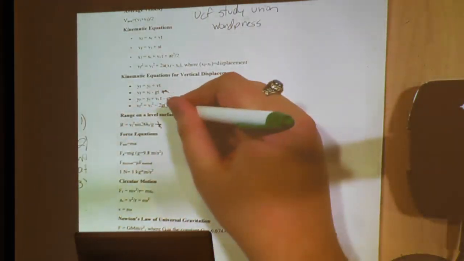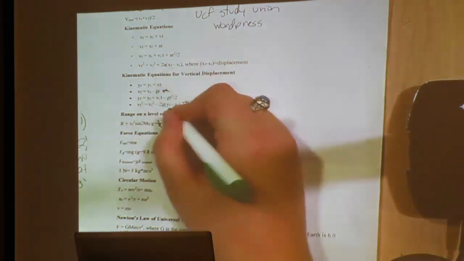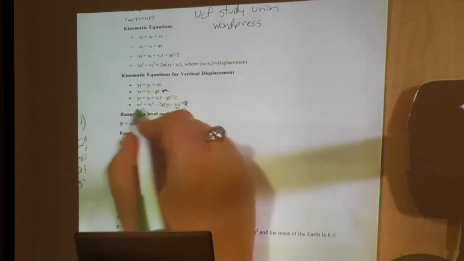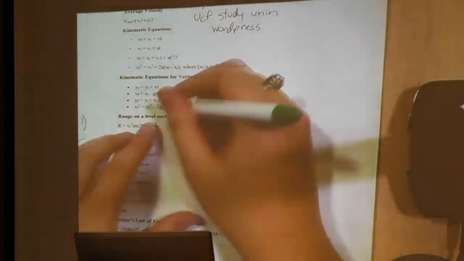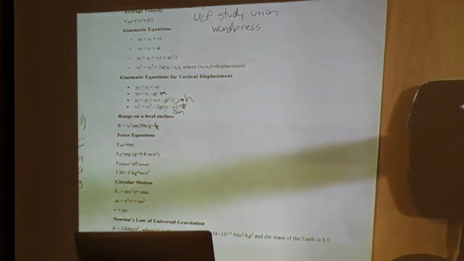So the initial position would be what? How many meters? 0. So this is going to be your peak height when you have a final position at the peak. So this would also be equal to height, just heads up. So we can go ahead and use this formula then.